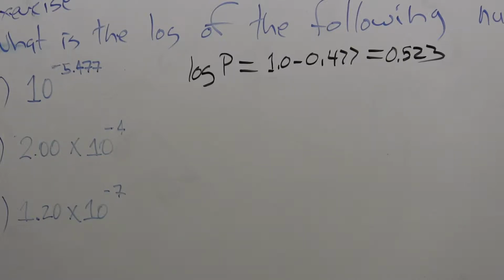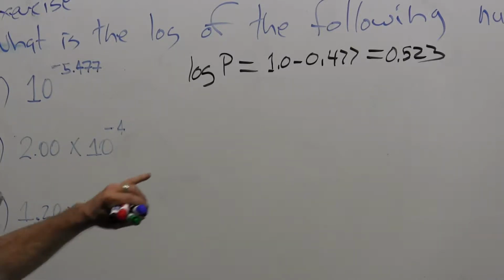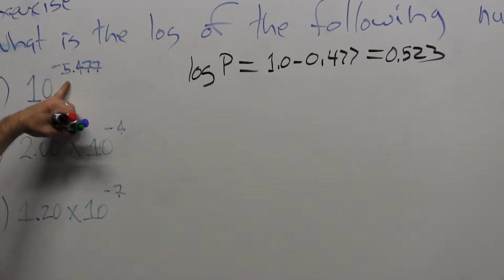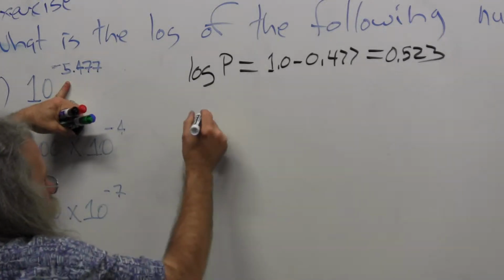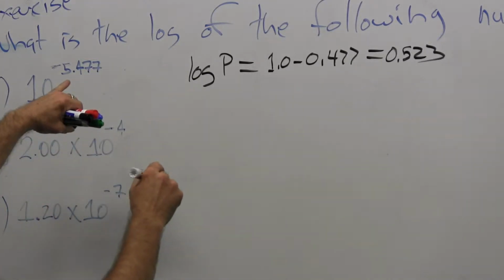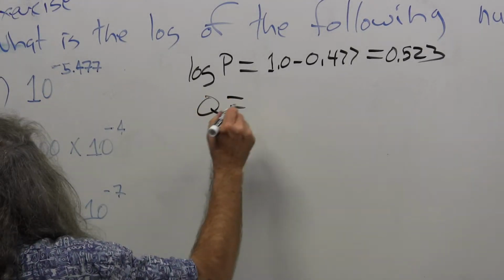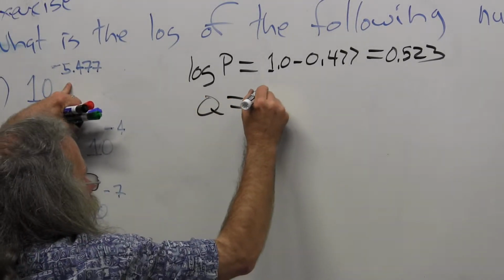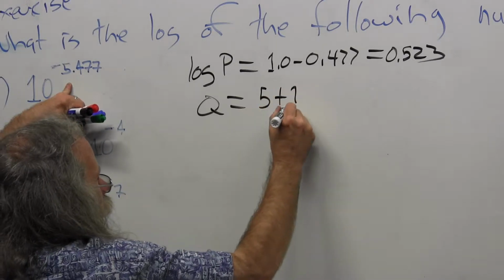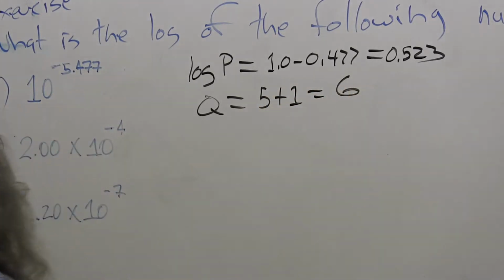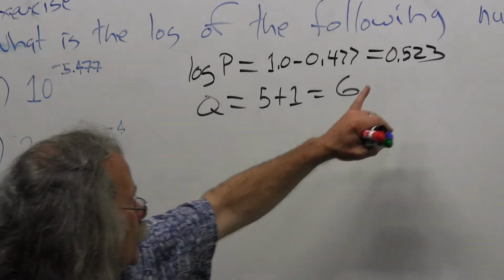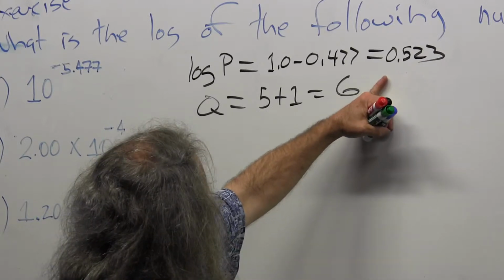Now the characteristic term, q, is equal to 5 plus 1, which equals 6. Therefore, I have to determine what this p is the log of.